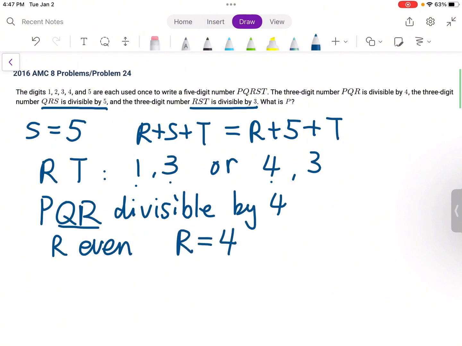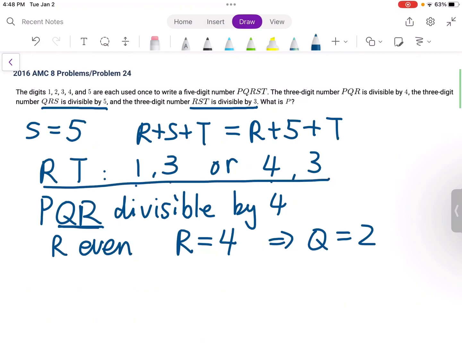And for QR to be divisible by 4, that means Q must be 2. And from the statement here, we also know that if R equals 4, then T should equal 3. Now the only number left is 1, so P must equal 1.